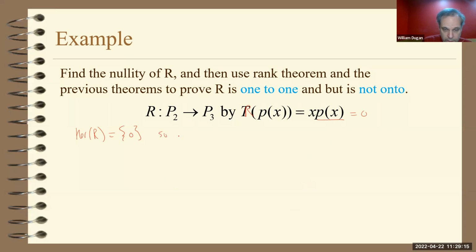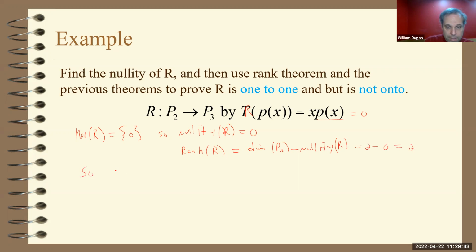So the nullity of this transformation is also zero. But that means that the rank of this transformation, that's the dimension of P2 minus the nullity of the transformation, and that's 3 minus 0, that is 3.